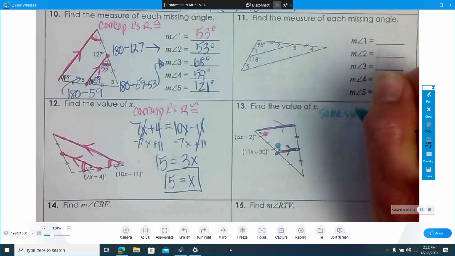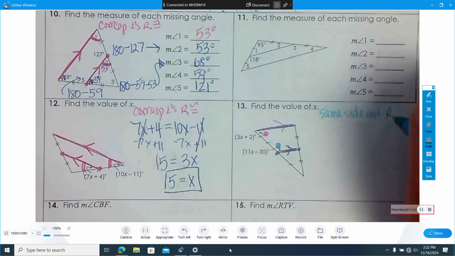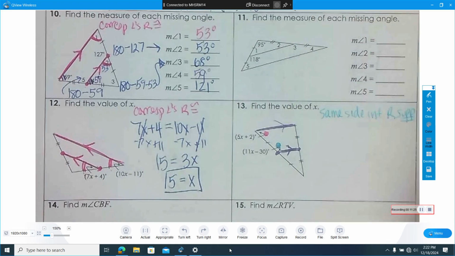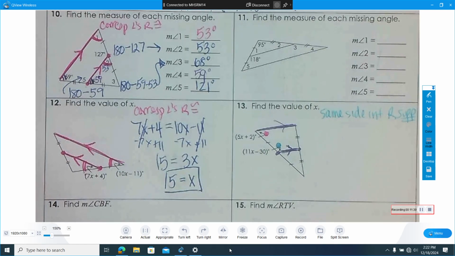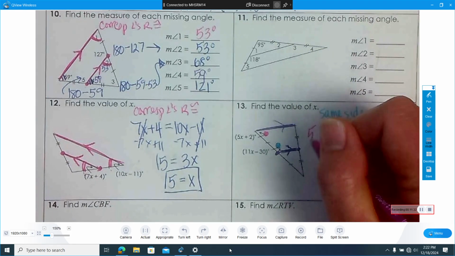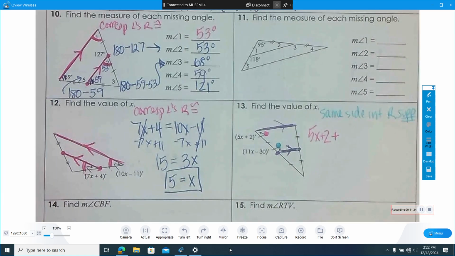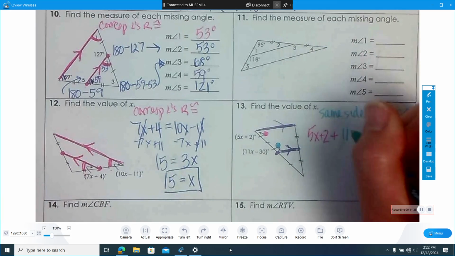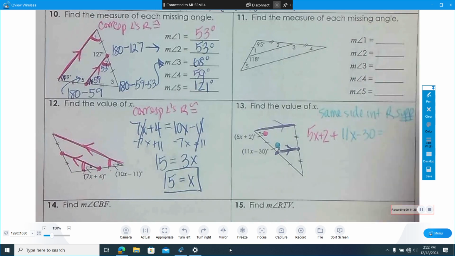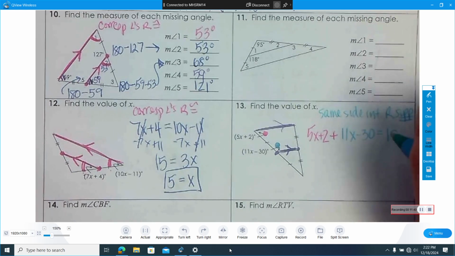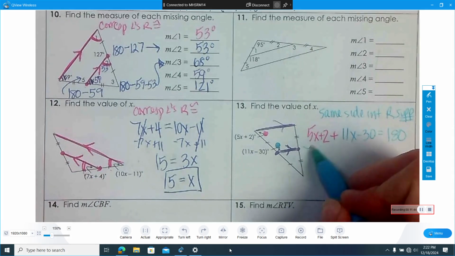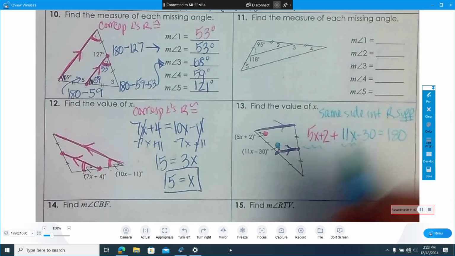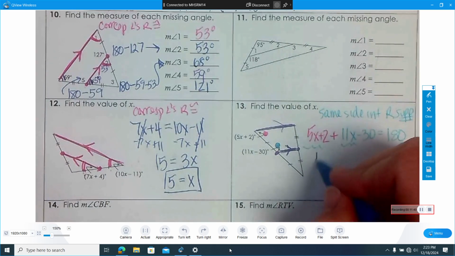Same side interior angles are supplementary, which means, what's my equation? 5x plus 2 plus 11x minus 30 equals 180. Good. All right, let's see. I got some x's I can combine. That gives me 16x.